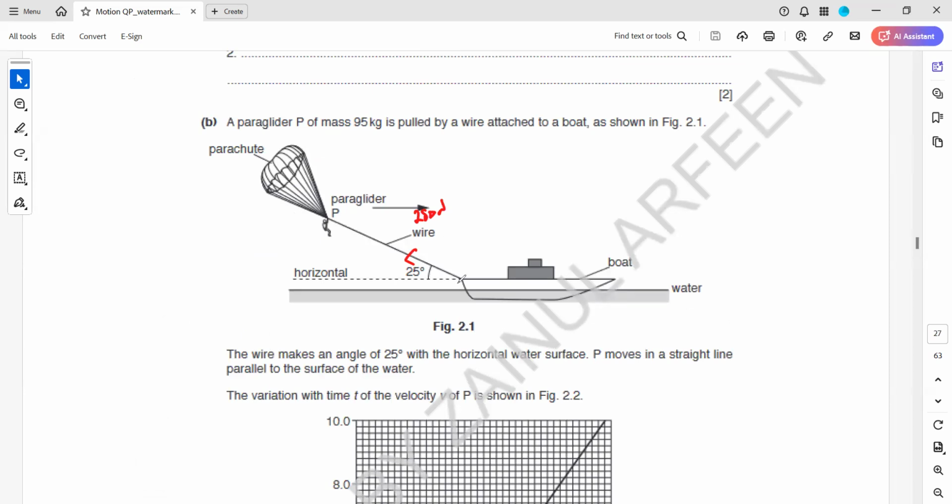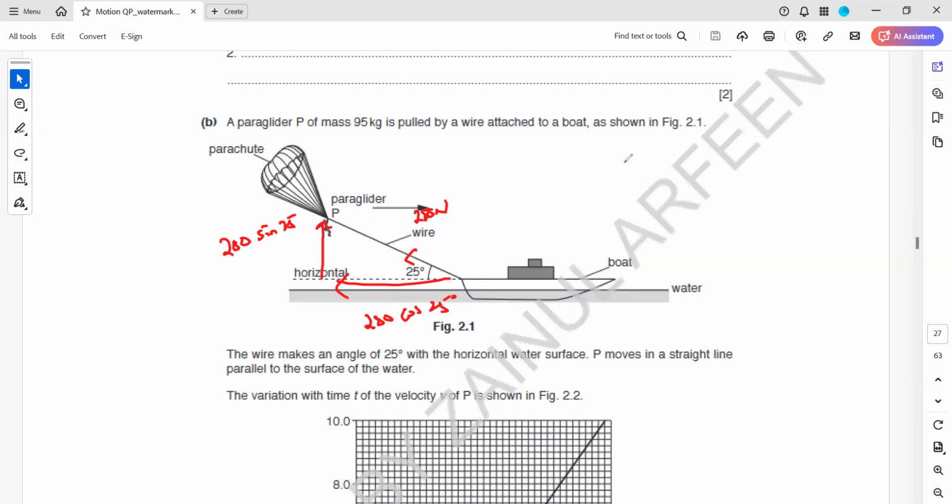This tension will have two components. One, with an angle, will be 280 cosine 25, and the vertical component will be 280 sine 25.